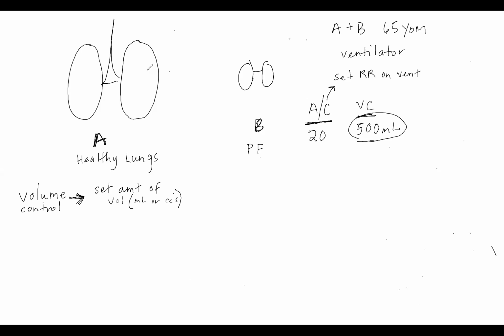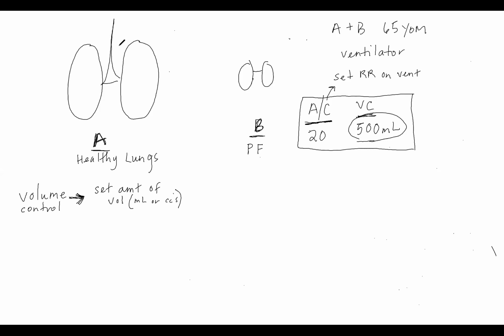And so what we're going to look at is both patient A here and patient B are both going to be on these ventilator settings. They're both going to be on AC, VC at 20 and 500, all right?